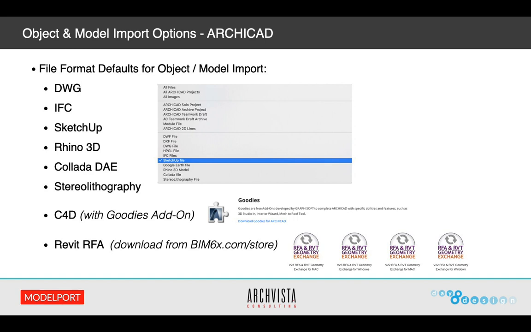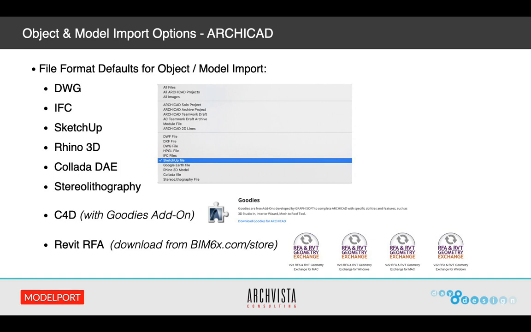So first, let's talk about the different formats that we can access through each of these options. In Archicad, if we want to bring in objects, those objects will tend to be objects that are converted from either DWG, IFC, SketchUp, Rhino, 3D, Collada, DAE, stereolithography, and then also Cinema 4D.